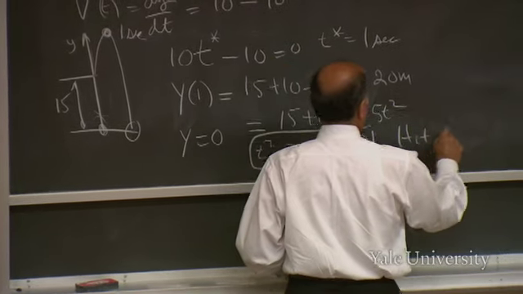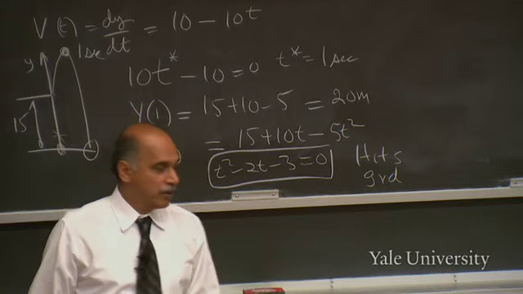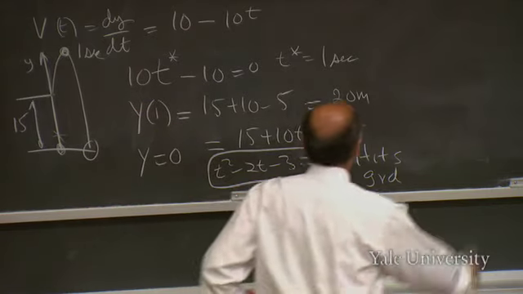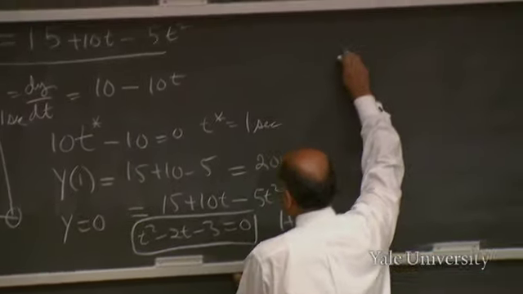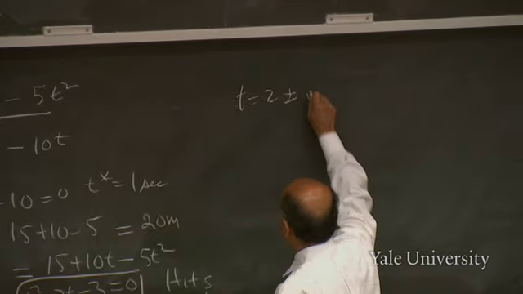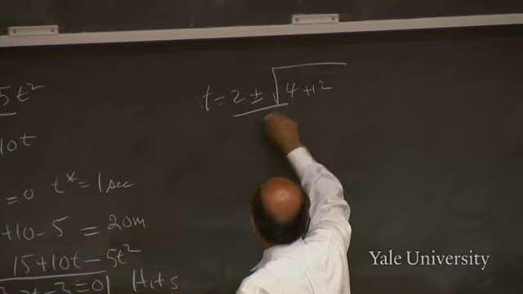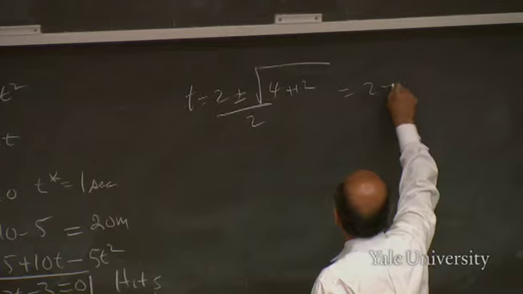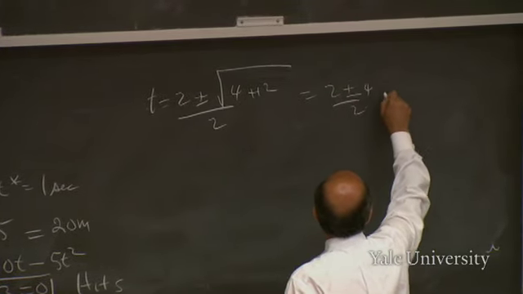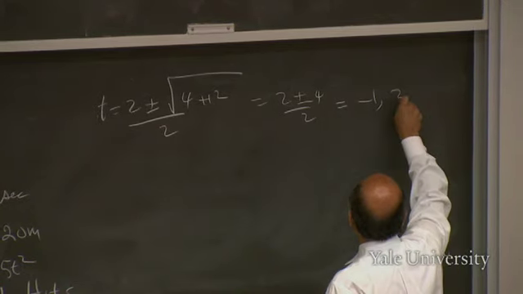That's when it hits ground. So let's find out what the time is. So t is then 2 plus or minus the square root of 4 plus 12, over 2, which is 2 plus or minus 4 over 2, which is minus 1 or 3.